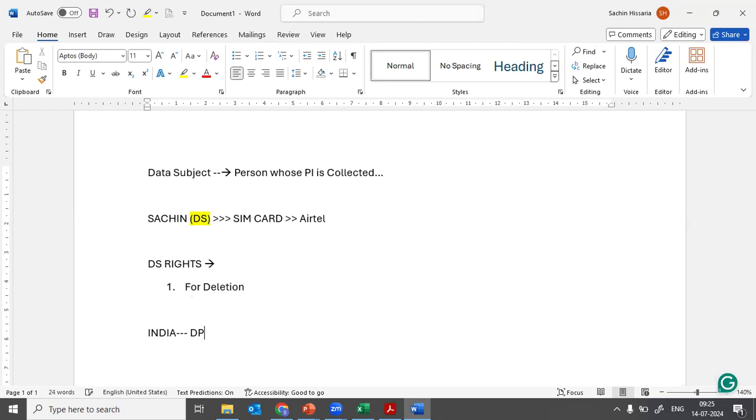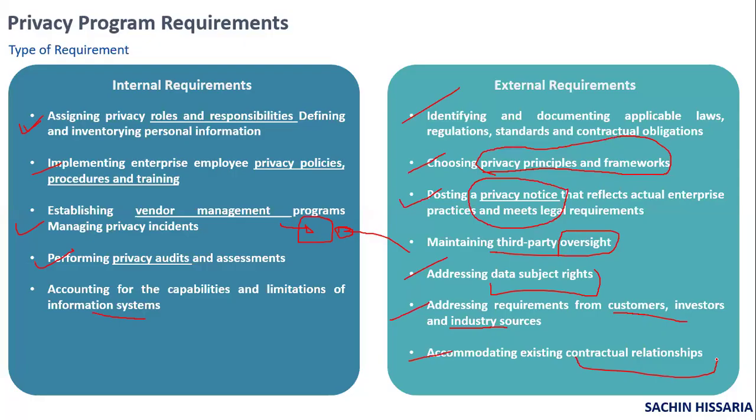As of now the rules are in a drafting stage, but once the rules are finalized and a company needs to comply with this regulatory requirement, they need to modify their existing contracts. If the DPDP Act asks a company to add a specific clause into the contract, they need to accommodate those requirements into the current contractual relationship.